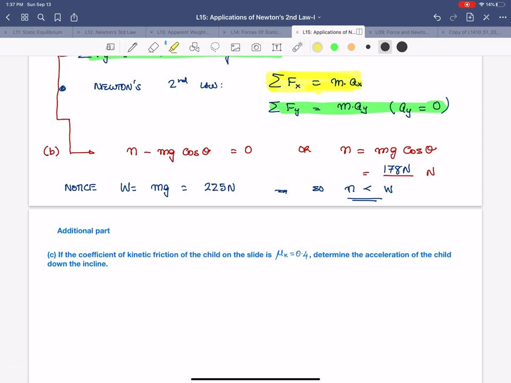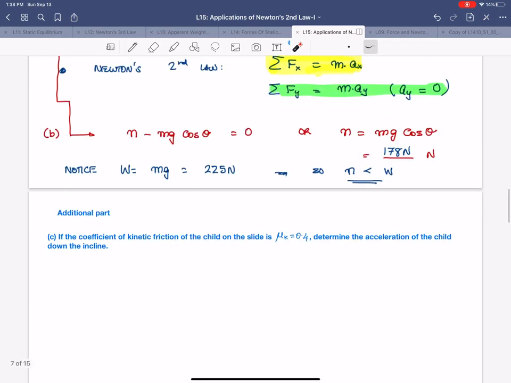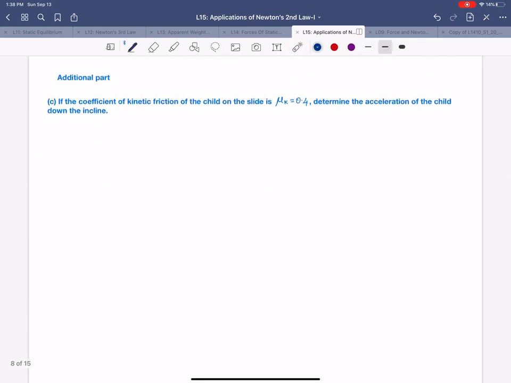Suppose the coefficient of kinetic friction of the child on the slide is mu sub k equals 0.4. Determine the acceleration of the child down the incline. And let's go ahead and work this out.